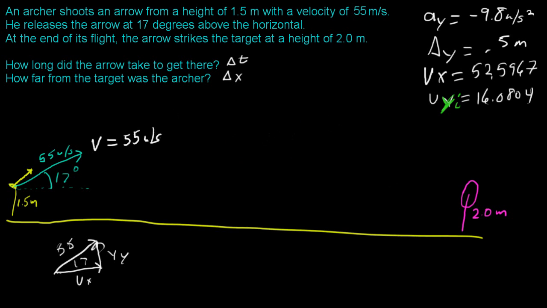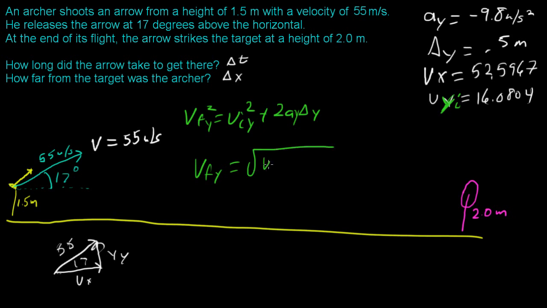So we'll instead say VF squared equals VI squared plus 2A delta y. These are all y's, just to be clear. So solving for VF, y, we're going to have the square root of VIY squared plus 2AY delta y. So let's plug in 16.0804 squared plus 2.